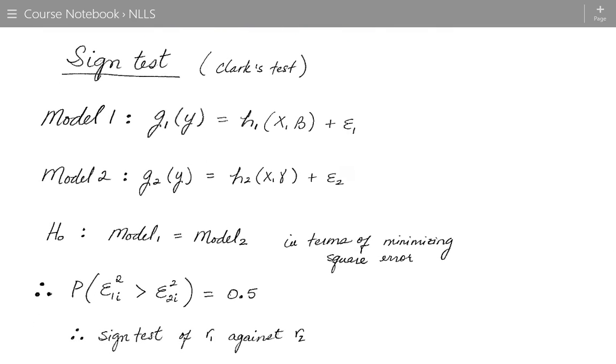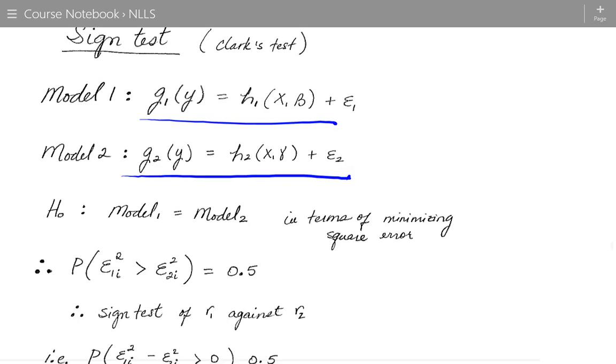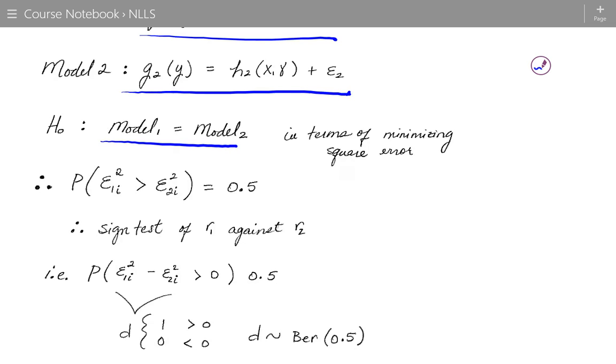Another way, and this is the one that I actually like, is Clarke's test. It's based on a very simple logic, and it's also similar to Vuong's test. They're not identical, but they have a similar type of logic associated with them. How that works is you have your two models. Your hypothesis is, let's say, that model 1 is the same as model 2.